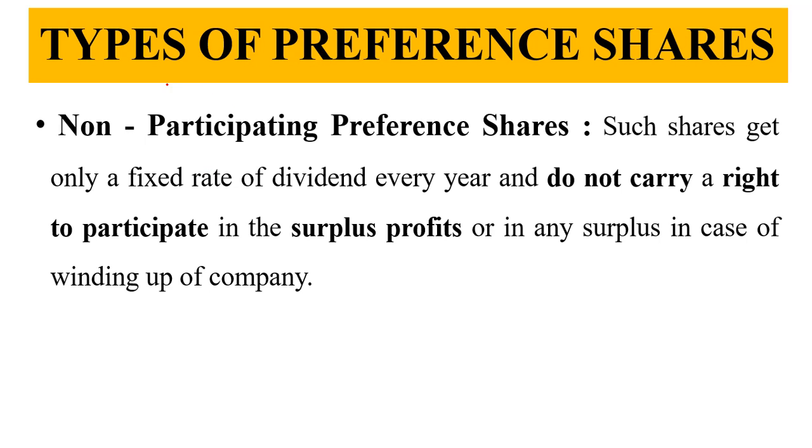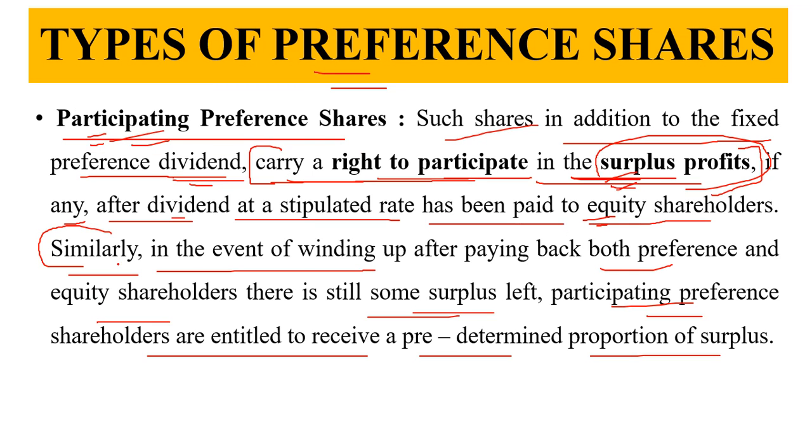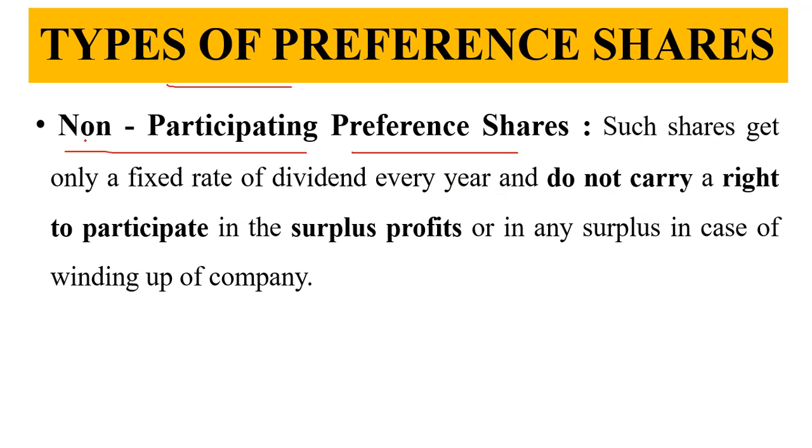The next type of preference share is non-participating preference shares. In the previous slide we saw the participating shareholders. Non-participating preference shares get only a fixed rate of dividend every year.